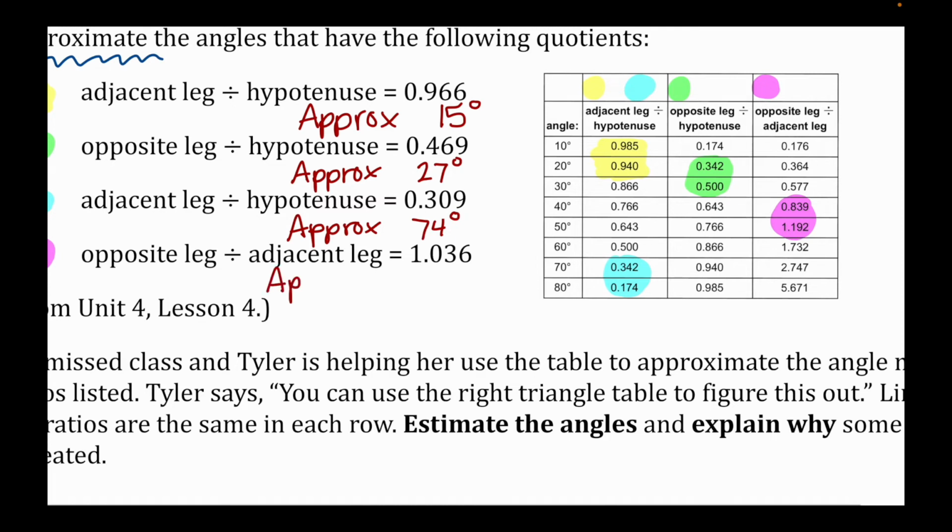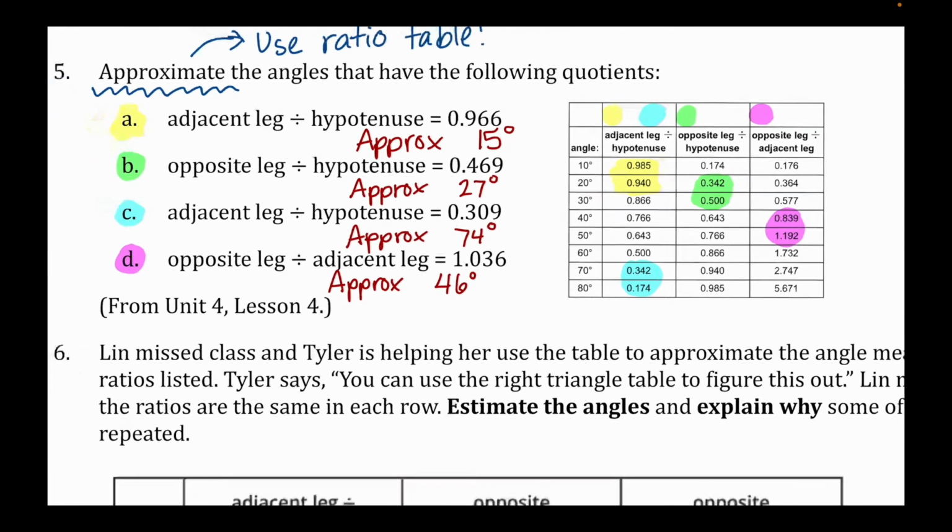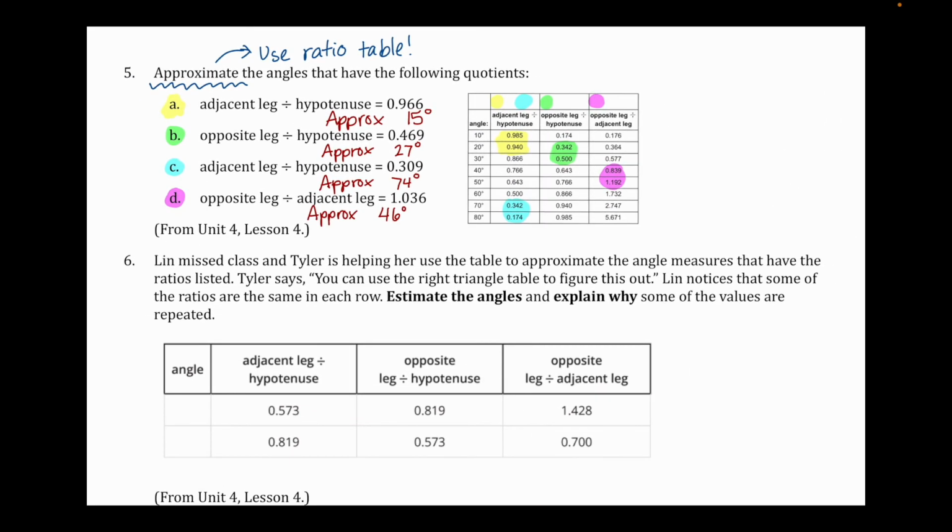So we'll say this is approx, and yeah, it's closer to 50, so I'll just say like 46 degrees, something similar to that. Remember, it's an approximate. There's going to be some wiggle room in it, as long as yours is making sense. And hopefully my color coding makes sense here if you're looking at those.